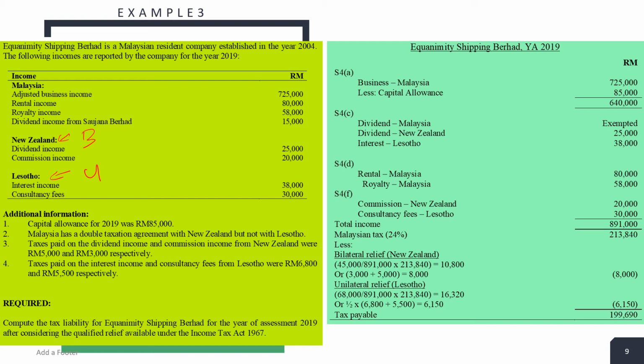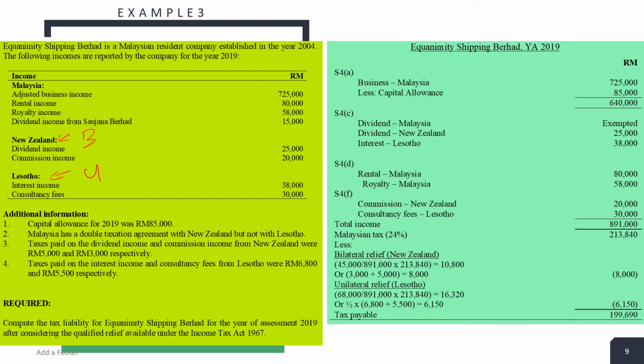Taxes paid on the interest income and consultancy fees from Lesotho were 6,800 and 5,500 respectively. Required: compute the tax liability for Equanimity Shipping Berhad for the year 2019, and also consider all the reliefs qualified or available under the Income Tax Act. So display your answer according to sections.